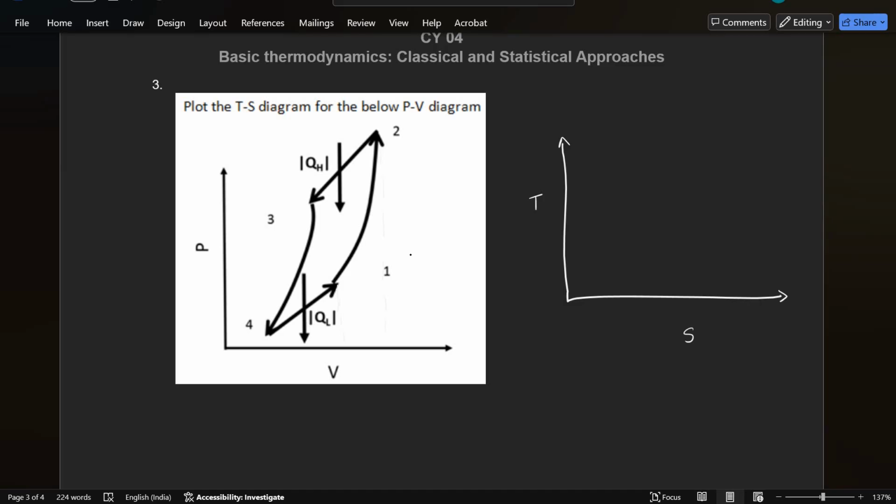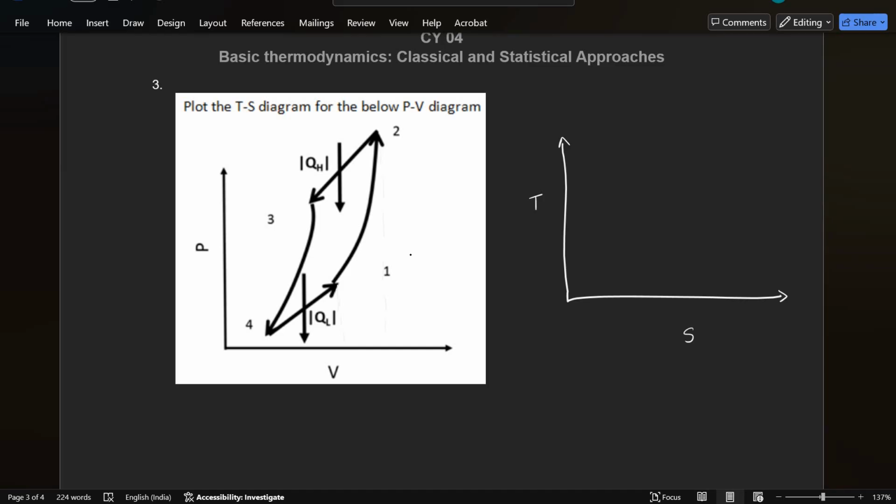Okay. So first is an adiabatic process. So in an adiabatic process, what is the entropy change? First, tell me what happens to temperature in an adiabatic process. It changes or remains the same? Okay, in an adiabatic process, temperature does change, but there is no heat exchange between the surroundings and the system.